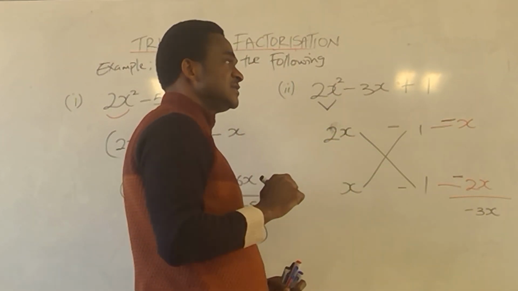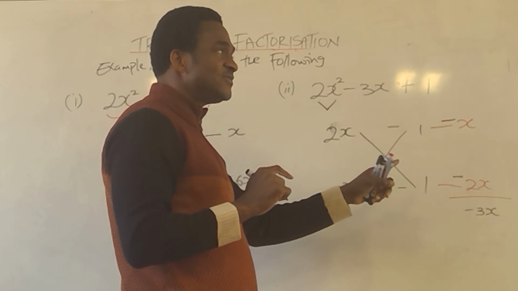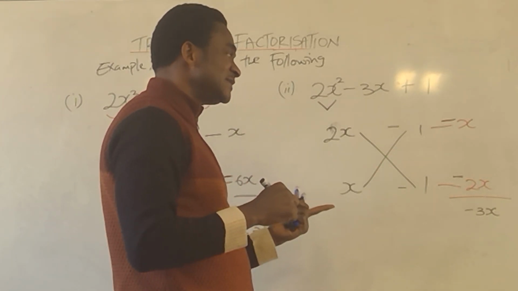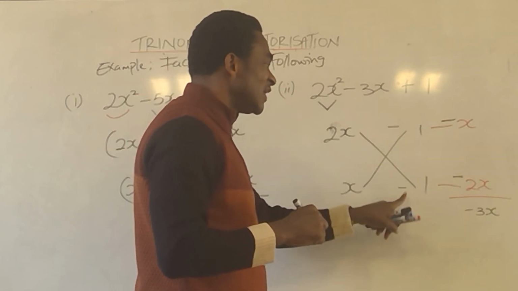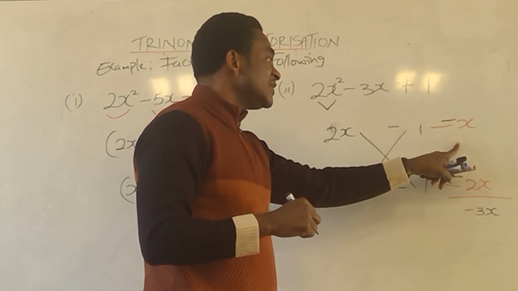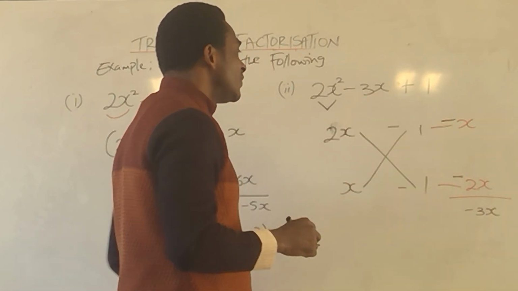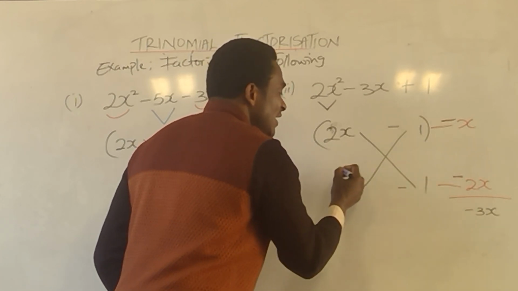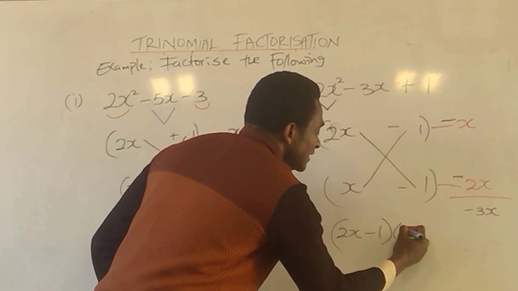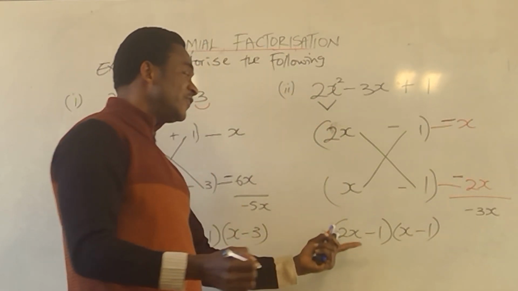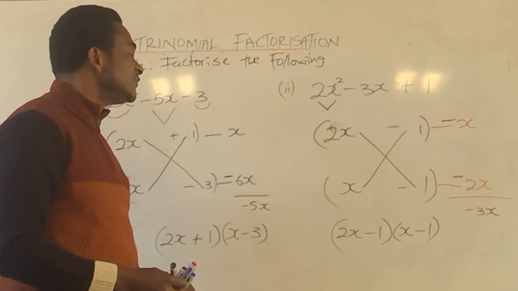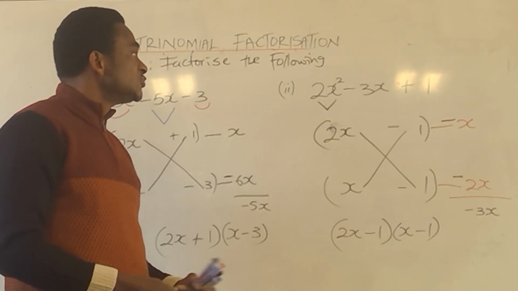So if I have a negative and a negative, it gives me this. -1 times -1 gives me +1, and -3x gives me the middle term. Then these will form my factors. So my factors here are 2x minus 1 and x minus 1, fully factorized. If you multiply this out, you will see that you will definitely arrive at the same answer.